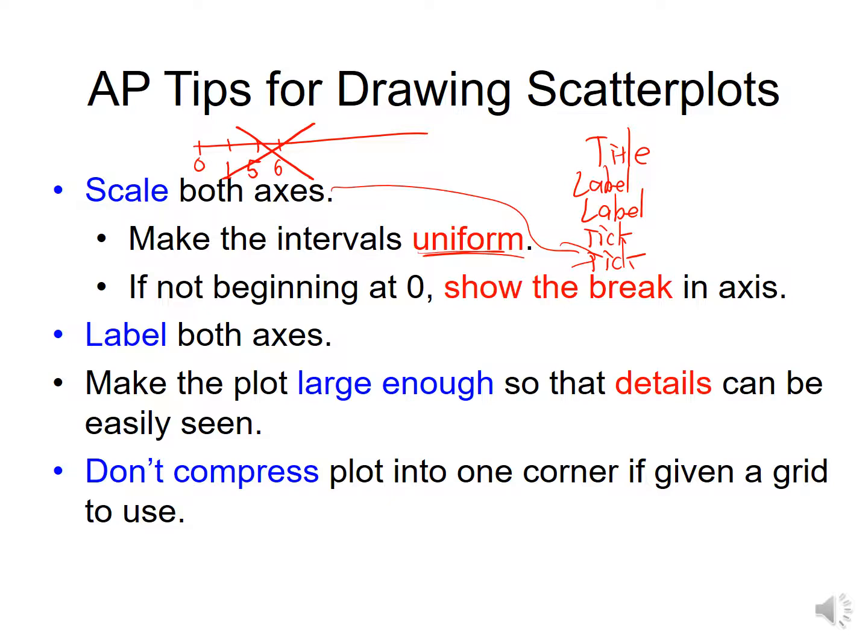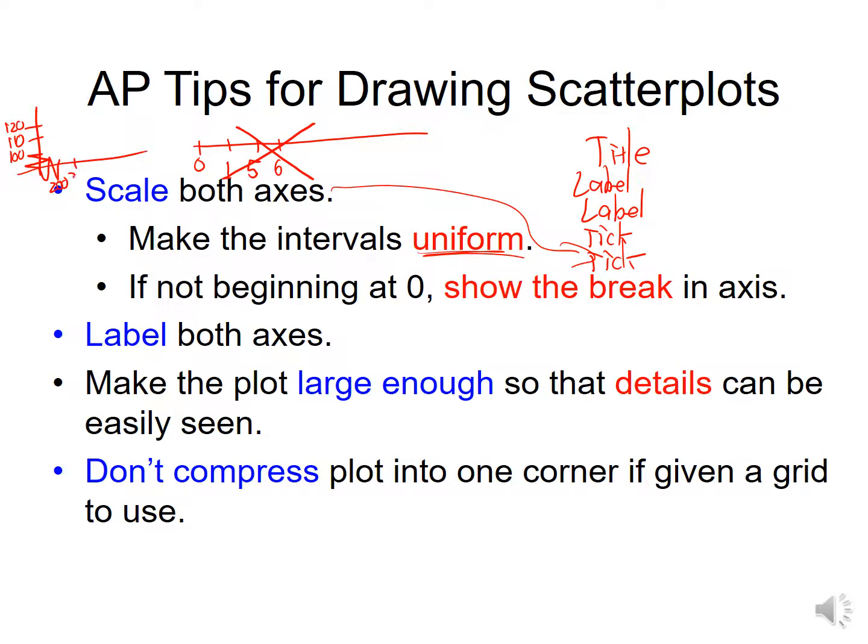And if you're not beginning at 0, which is acceptable sometimes, then you just want to put that little break there, right? And you are allowed to, if your data starts in the hundreds in both x and y, but then goes up by tens, then you could do that. Maybe this one goes to 200, then you go up by tens after that: 110, 120.